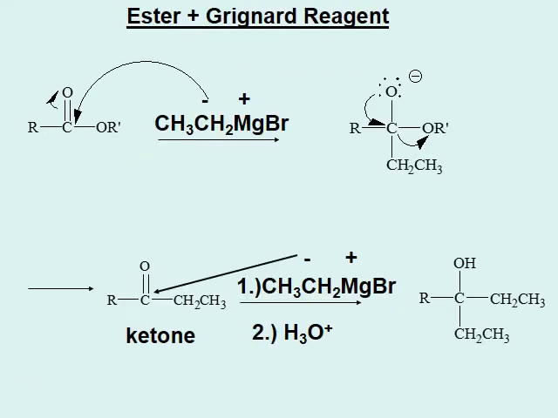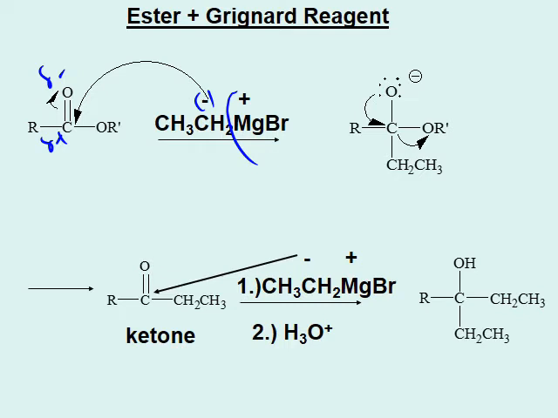Now Grignard reagent also acts in a very similar manner. You know that magnesium is plus, so basically C with minus charge gets attracted to this carbon with positive charge, and that's why there is an arrow going from carbon to that carbon.